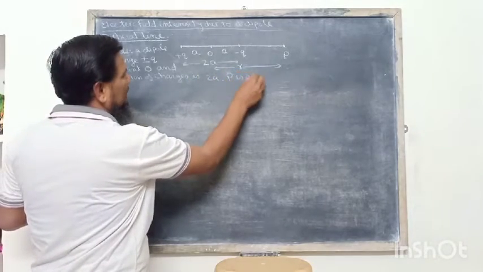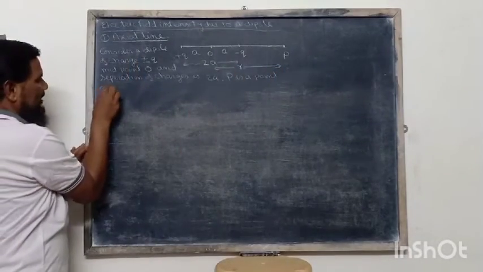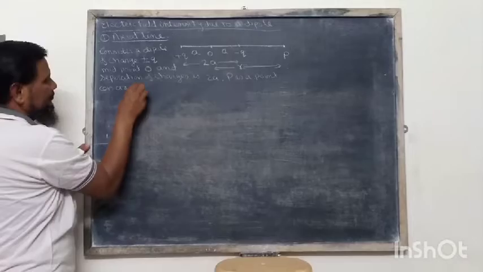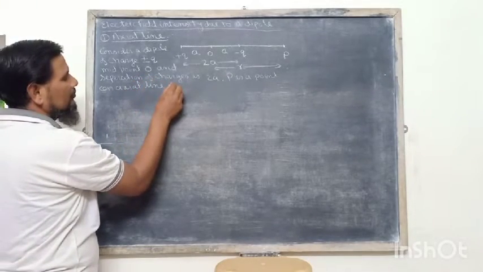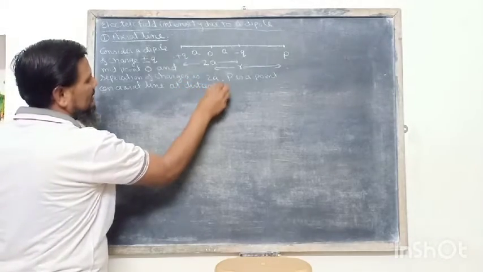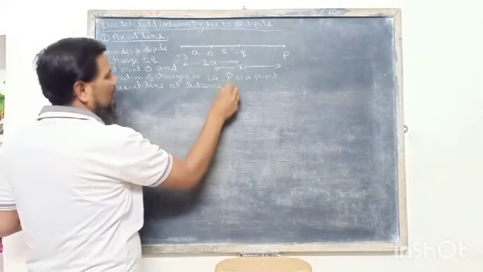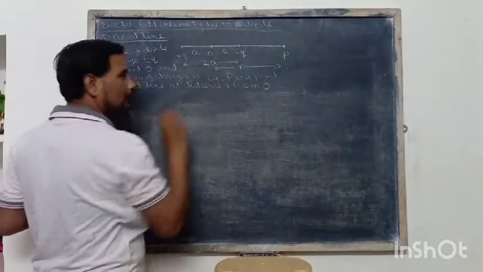P is a point on the axial line at a distance r from O.